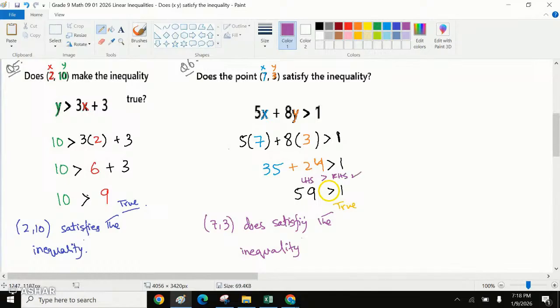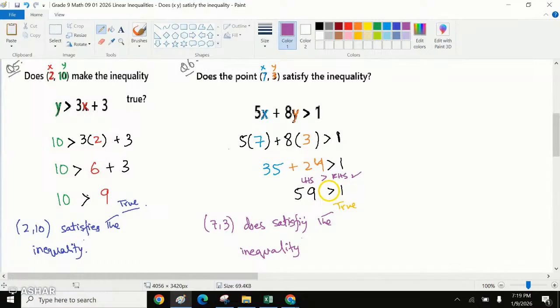So they're just asking us whether it satisfies or not. In this particular lesson, we are not looking at how to show that they satisfy or how to construct them on the graph. We just need to show it by the working. Substitute the values. If it's true, we say it does satisfy. If it's false, we say it does not satisfy. Okay.